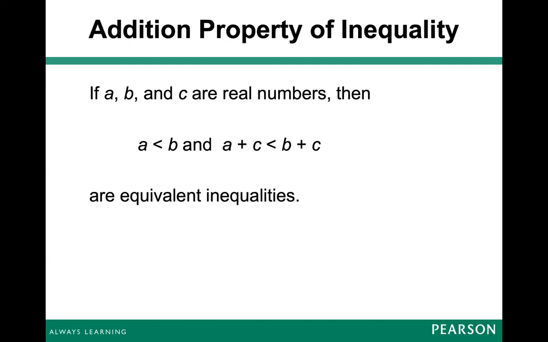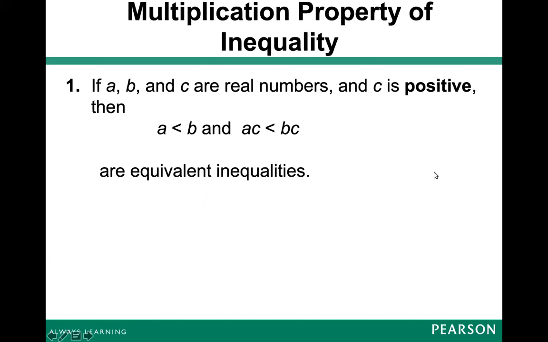So just like with equations, you can add or subtract any real number on both sides of an inequality without changing the solution set. Now, when it comes to multiplication, that's a little more complicated. If A, B, and C are real numbers and C is positive, then A is less than B and A times C is less than B times C are equivalent inequalities.